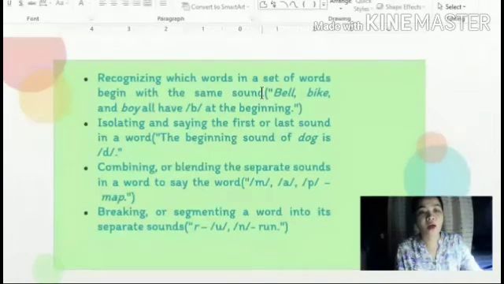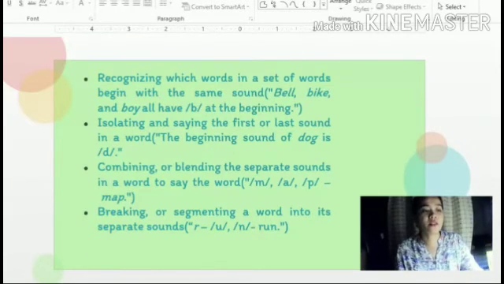All of them have the beginning letter B. Or isolating and saying the first or last sounds in the word, d, d, dog. Combining or blending the separate sounds in a word to say the word, m, ma. And lastly, breaking or segmenting a word into its separate sounds.